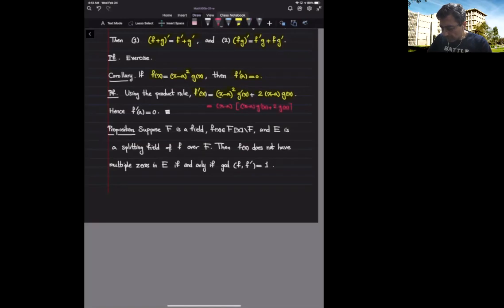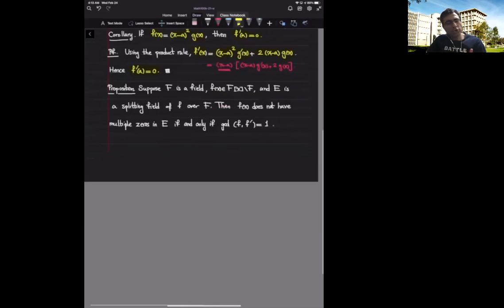In particular, I'm seeing that x minus a is a factor of f prime, which means f prime of a is 0, which means a is a zero of f prime. So if I tell you a is a multiple zero of f, I can deduce that a is a zero of f prime. This is what this corollary tells me.